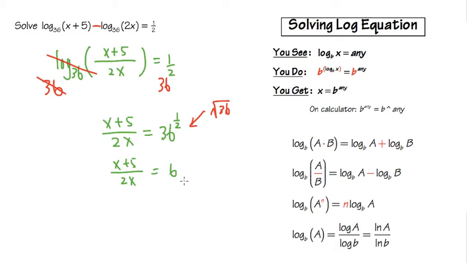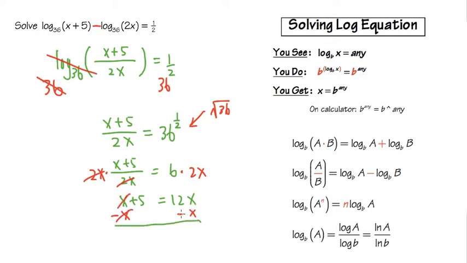And this is an equation with fractions. Well, we can just multiply both sides by the denominator, which is 2x, so that the 2x and the 2x cancel. And then we'll be working with x plus 5 equals 6 times 2x. That's of course 12x. And then let me subtract the x on both sides like this, so that this and that will cancel.